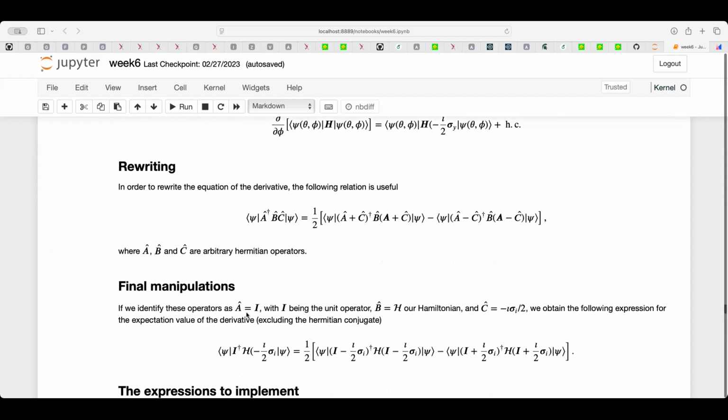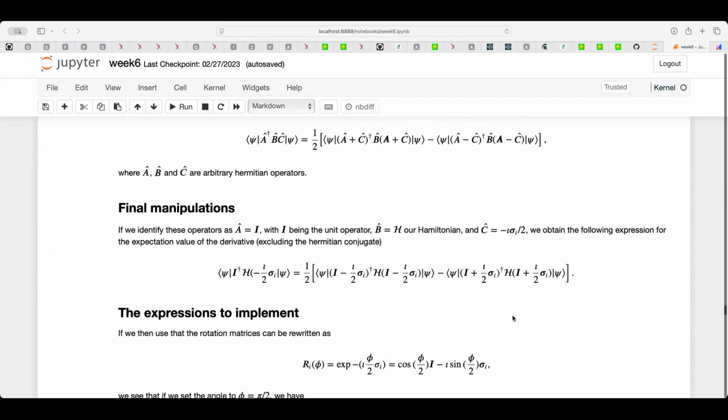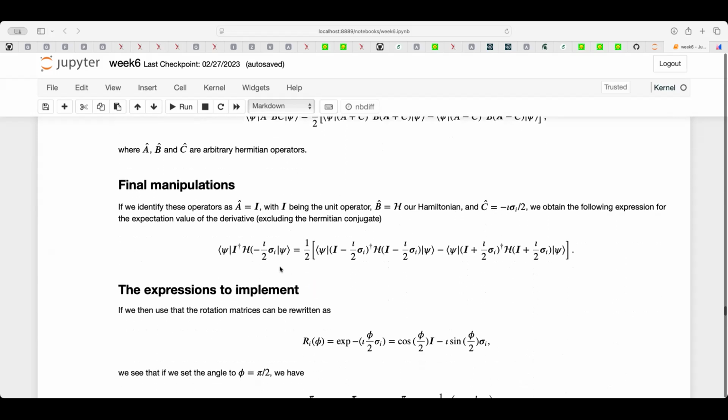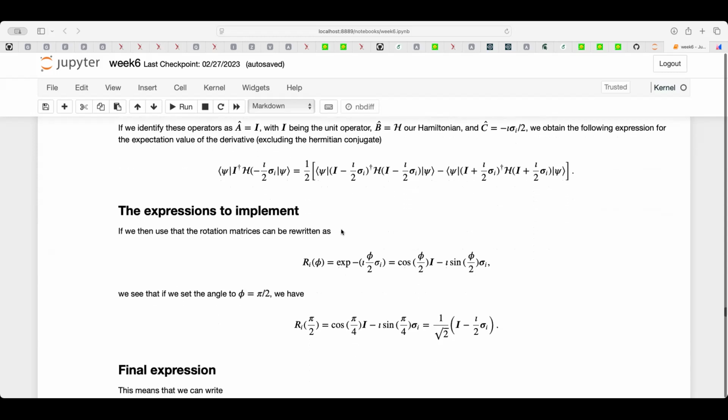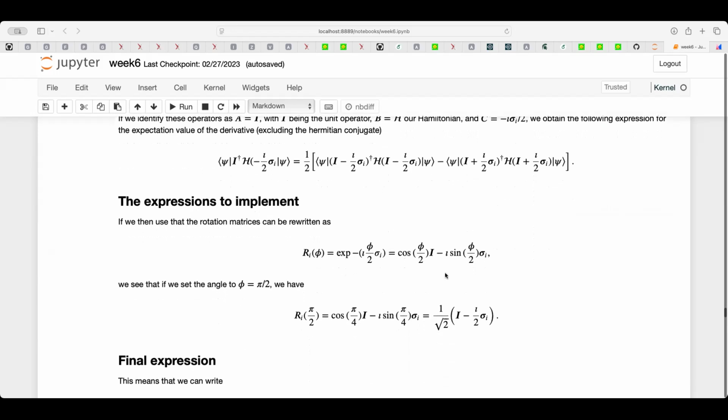But in our case, A is equal to the identity matrix, with B being equal to the Hamiltonian, and C is simply equal to this specific Pauli matrix. And if you do that, then you can show that this expression which you have is nothing but this one. And where we use that, the rotation matrices can be written like this.